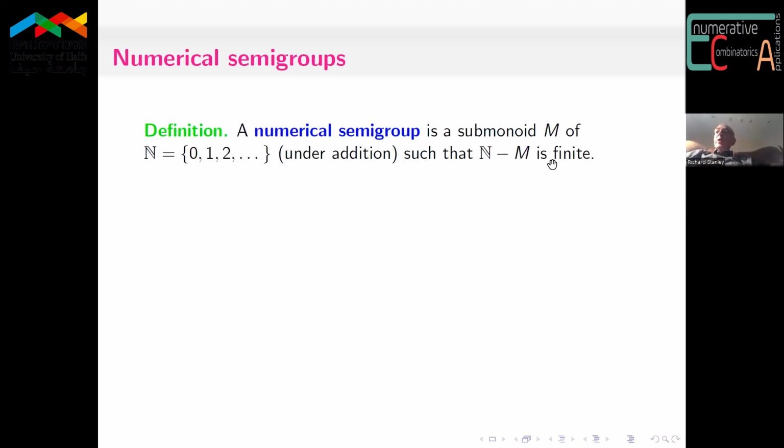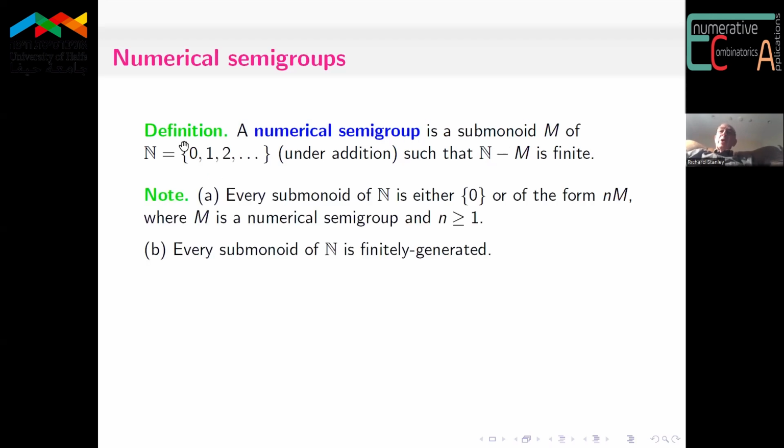A numerical semigroup is a submonoid M of the natural numbers, the non-negative integers, under addition, such that N minus M is finite. So we have a subset of the non-negative integers, only finitely many missing numbers, and it has to be closed under addition.